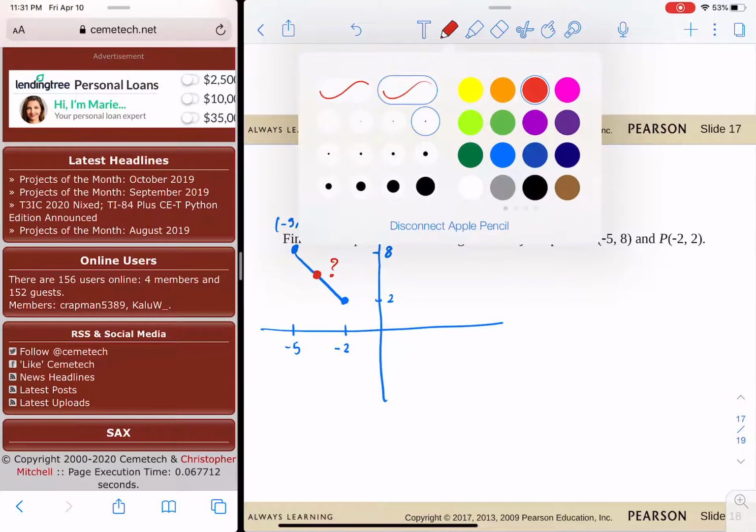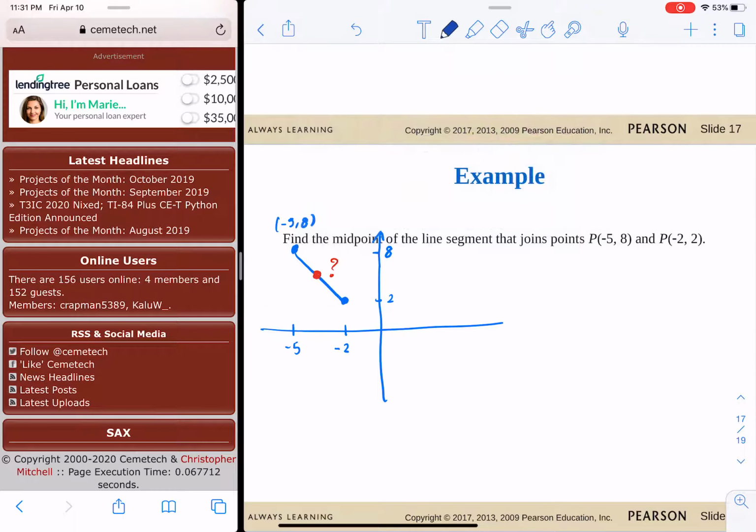To find that, we simply add the x coordinates, x1, y1, x2, y2, add the x coordinates, divide by 2, add the y coordinates, divide by 2, so -2 plus -5 divided by 2, 2 plus 8 divided by 2, so we have -7/2, 10/2, which is 5.